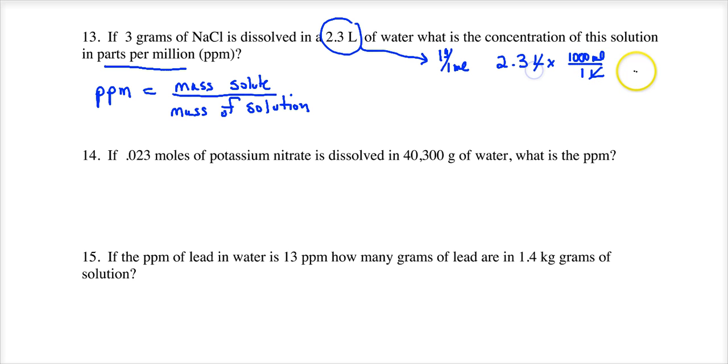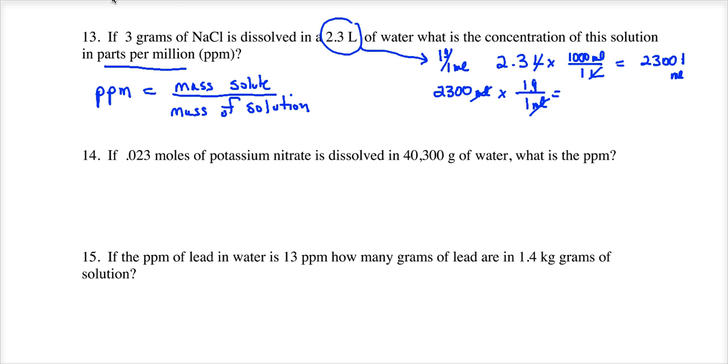This tells me I have 2,300 milliliters. Now, I know that 2,300 milliliters will become 2,300 grams because the density of water is 1 gram for every milliliter.